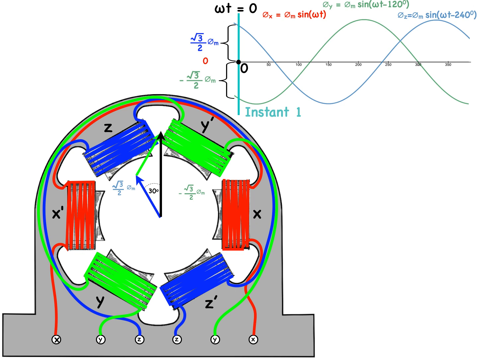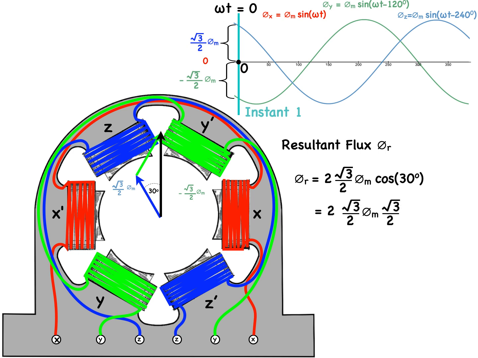We can now use our trigonometric functions to calculate the magnitude and direction of the resultant, or the black arrow, which is 2 times root 3 all over 2 phi m times the cosine of 30.